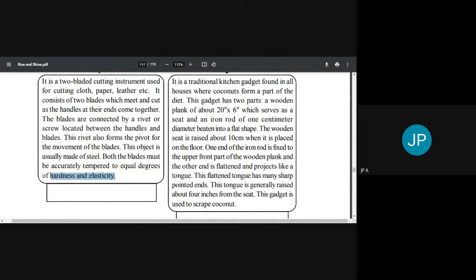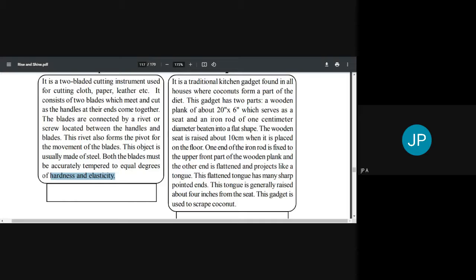There are many different natures of material. So when something is brittle, it means something that can break easily. So these are the properties.